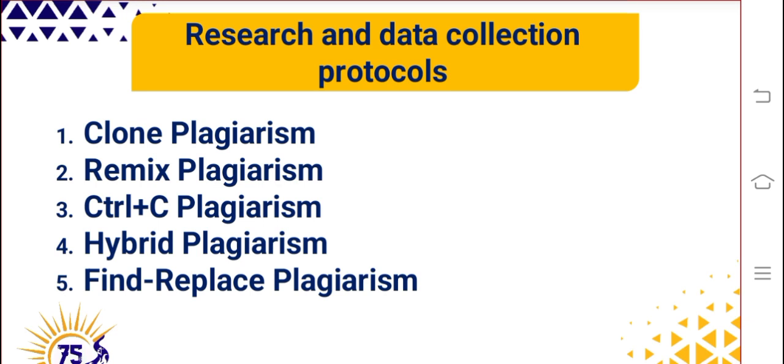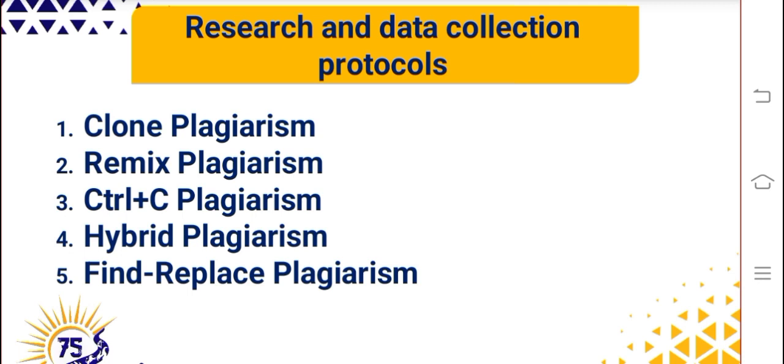Number 3, CTRL plus C plagiarism. This is when a significant portion of text is copied from any single source without any alteration in a written document. Number 4, hybrid plagiarism. Perfectly cited source documents are copied and arranged as a new document without citation.